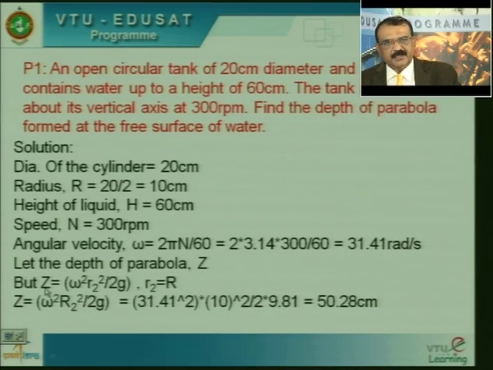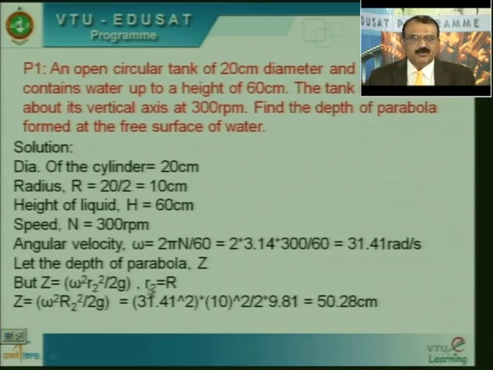This Z is nothing but the depth of the parabola. Depth of the parabola is given by omega square r2 square divided by 2g. Now in this case, what is the value of r? The value of r2 is equal to capital R. Now just now you calculated the value of omega. Omega is 31.41, so 31.41 square.